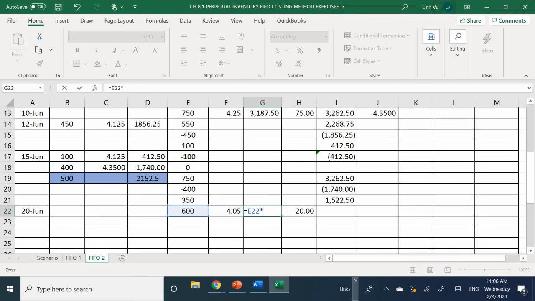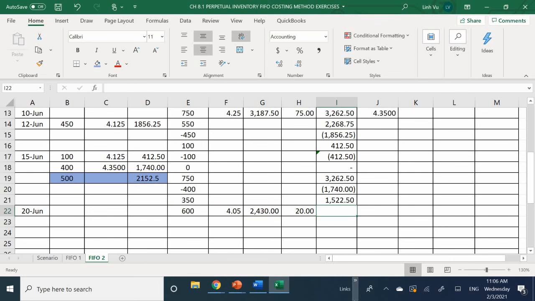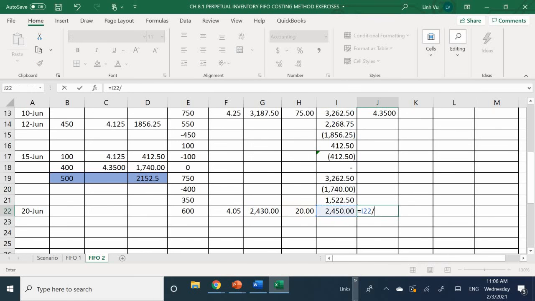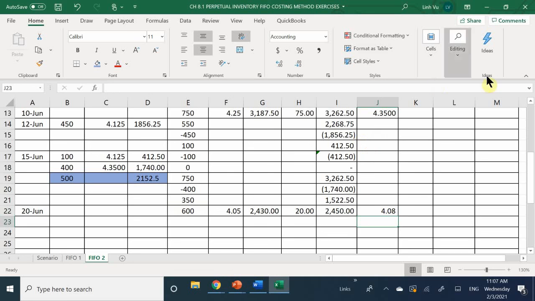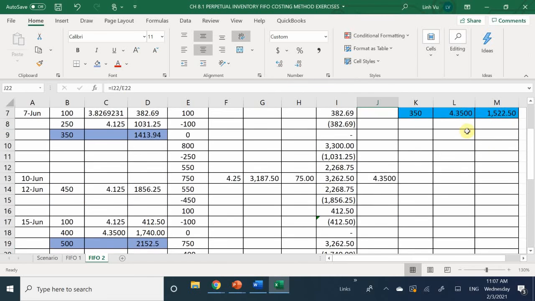So what's your total purchase price here? 2,430. Good. And our total cost? 2,450. And lastly, what is my cost per item for this batch? 4.08. 4.08 even? No, 4.08333. Okay. All right, good.